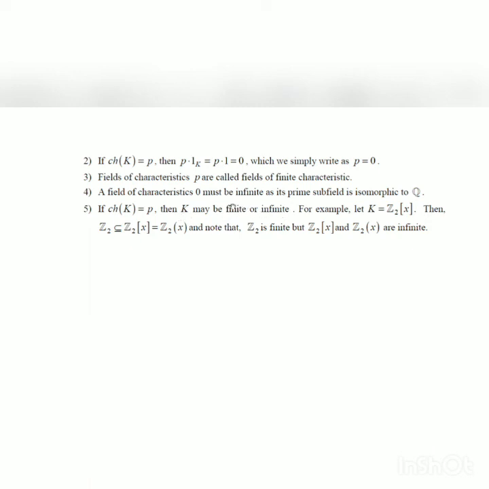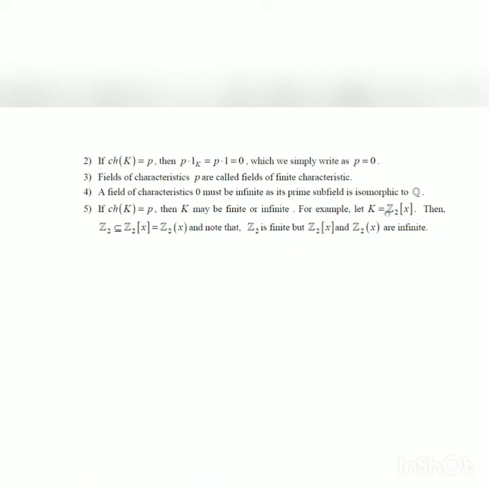For example, let's consider K, which is a field. Actually, this should be a simple bracket. That indicates the quotient polynomials defined over Z2. It is not a square bracket, it is a simple bracket, because your K is a field and this is not a field.